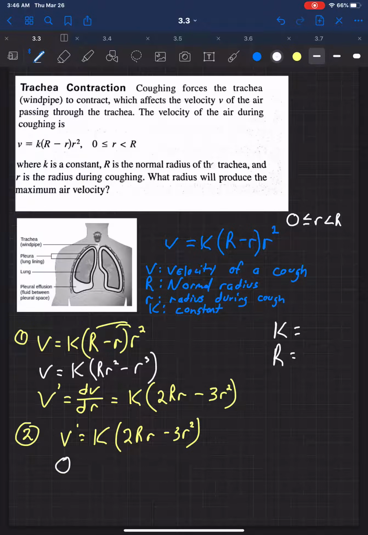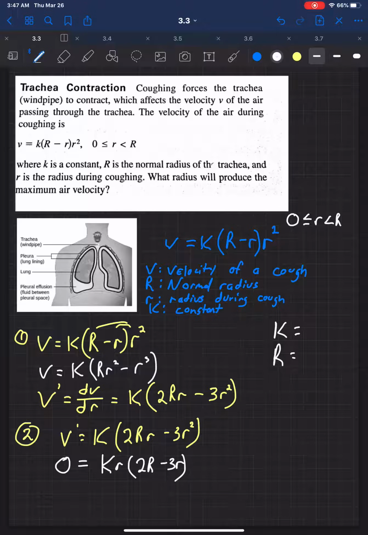So let's set that derivative equal to 0. And let's make life easy on us by factoring out a little r. So this is going to be k multiplied by little r, and what's left in here? This would be 2 times big R minus 3 times little r.